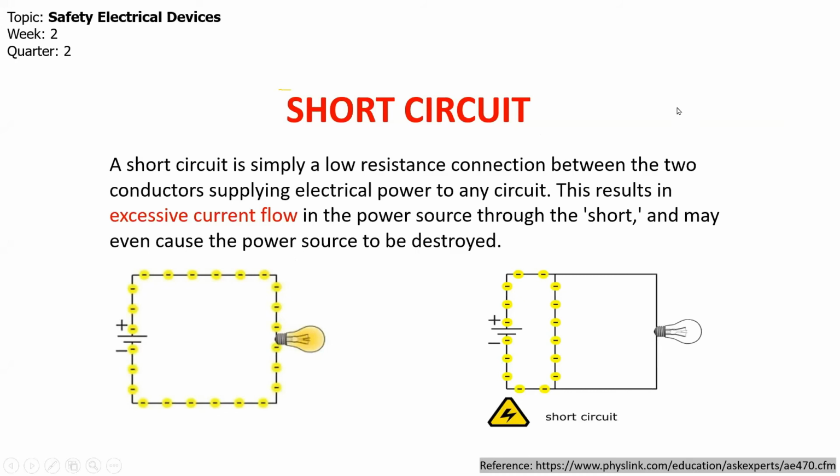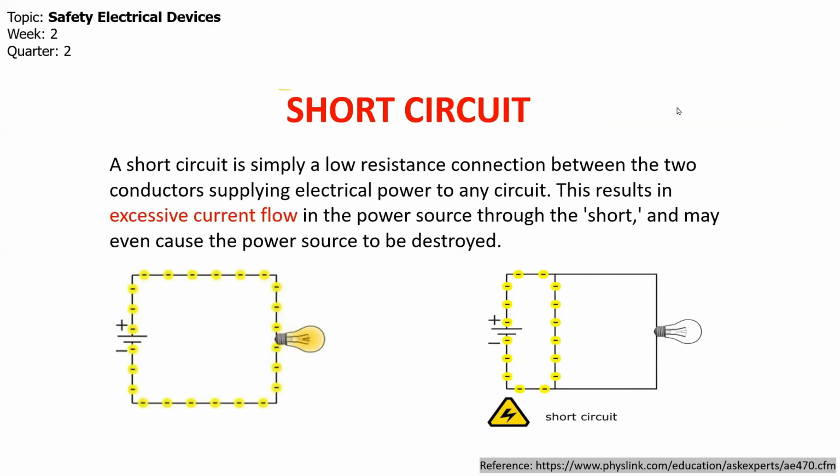Okay, we will proceed to safety electrical devices. But before that, let's discuss the classic accident that occurs in our home, which is the short circuit. Right? When we watch the news, they often say the cause of the fire is a short circuit. But what does a short circuit mean?